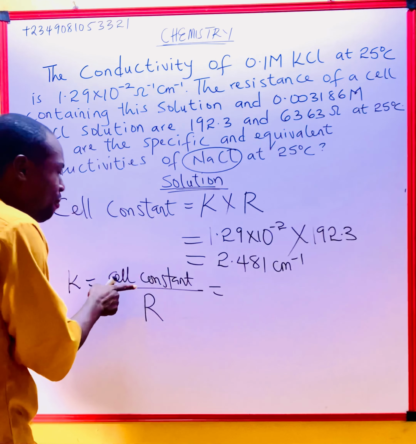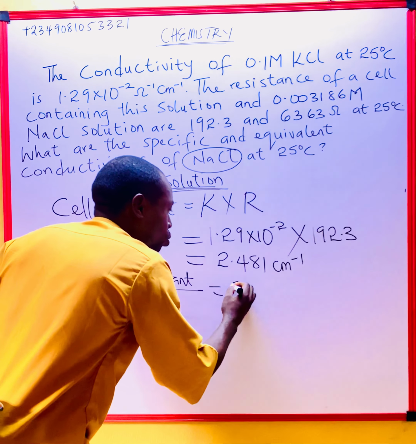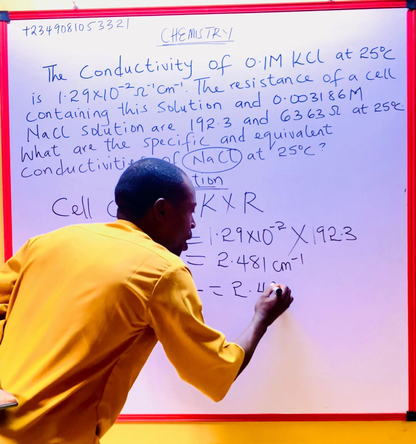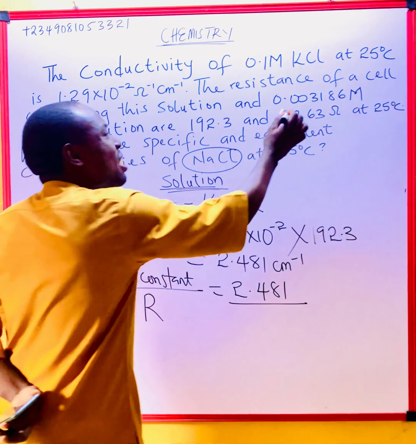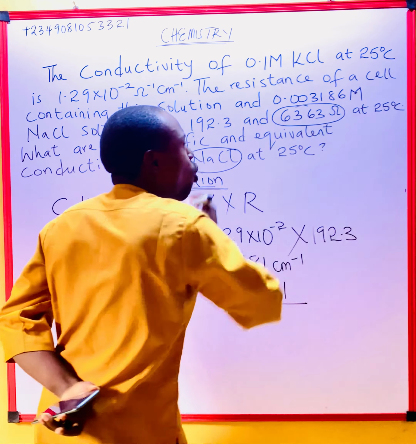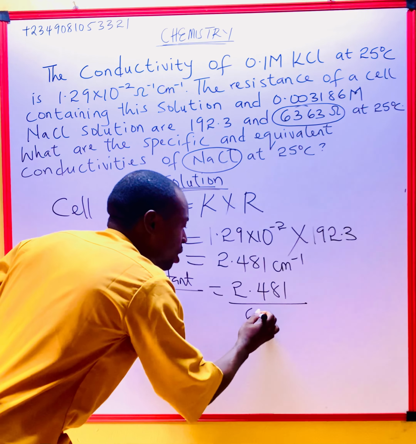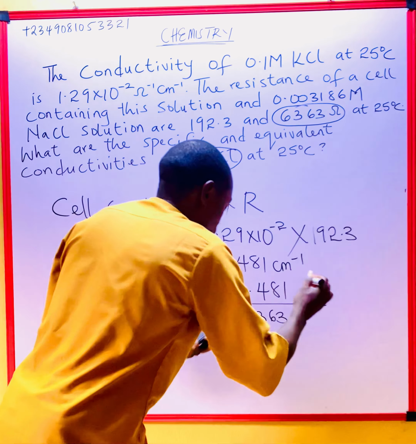So I have my cell constant here to be 2.481 over the resistance I have to use now, which is 6363 ohms. We will do it.